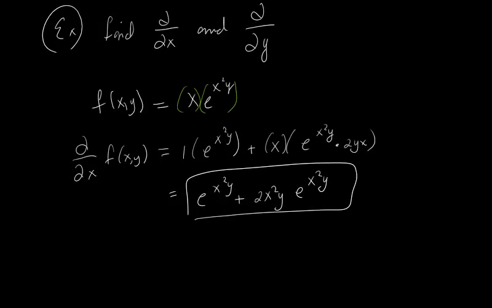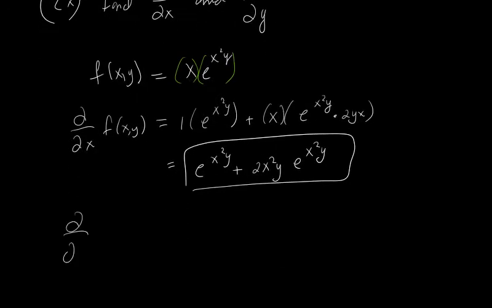So now let's find the partial with respect to y. So the partial with respect to y of f of x, y is equal to, okay? Now I'm going to go back up here and erase these green parentheses that I had drawn because we don't need product rule now. x is constant with respect to y, so it's like a 3 or a pi or something like that sitting there, just constant.